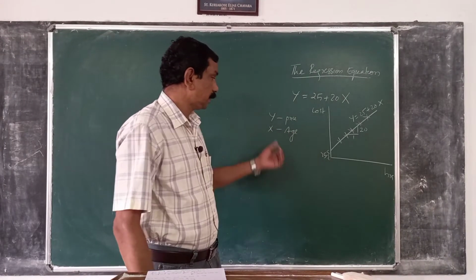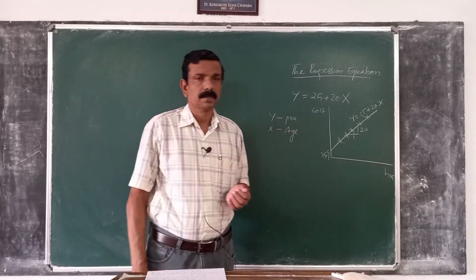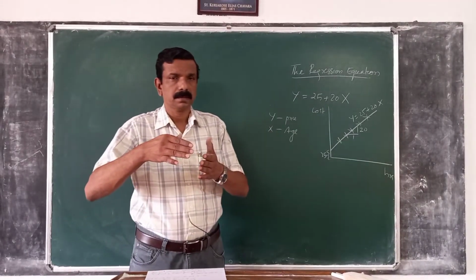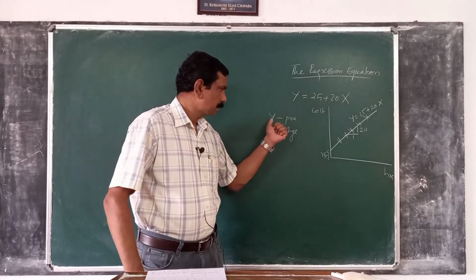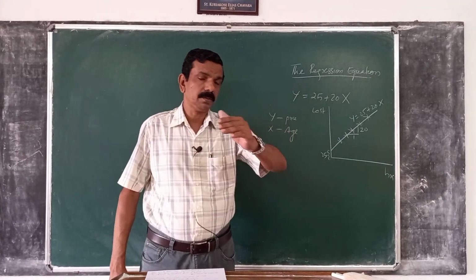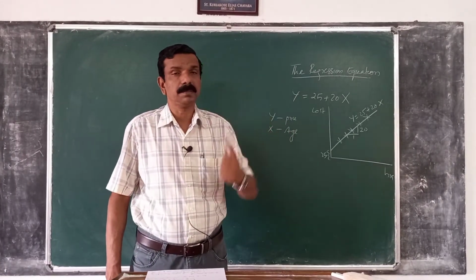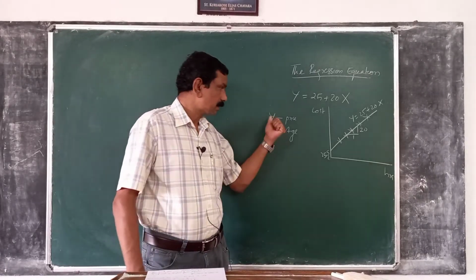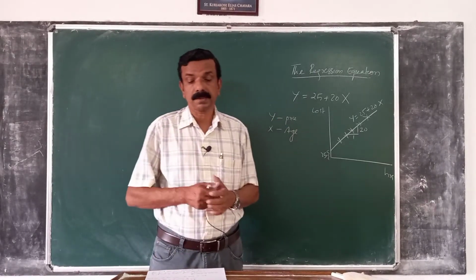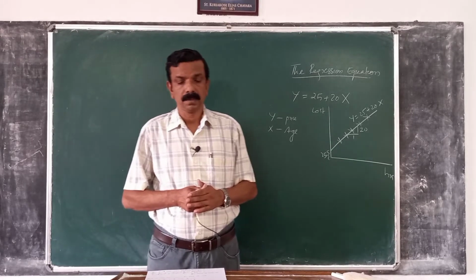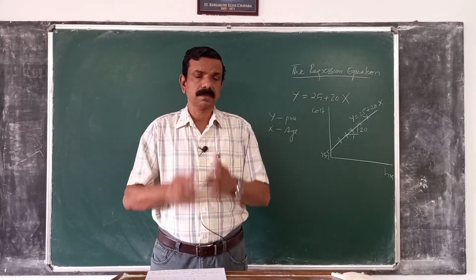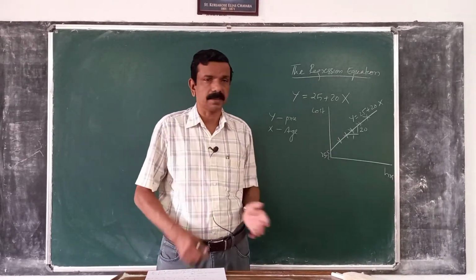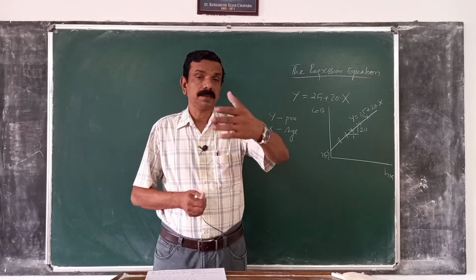Suppose that you know the age of a car, and suppose that you encounter many cars with the same age, but the prices will not be the same, prices will be different. Even though age is fixed at 3 years, 4 years, etc., prices will differ.